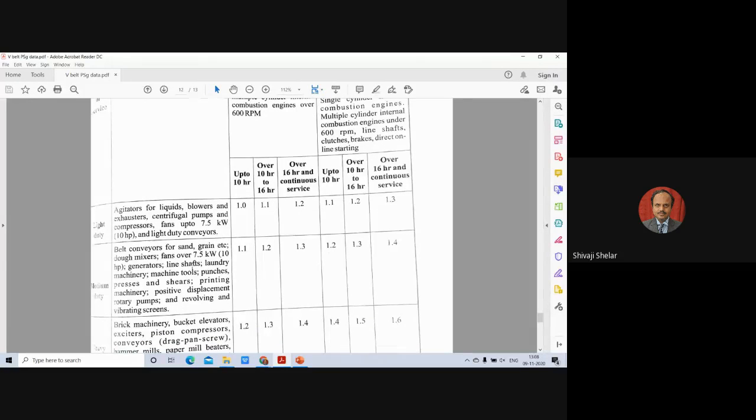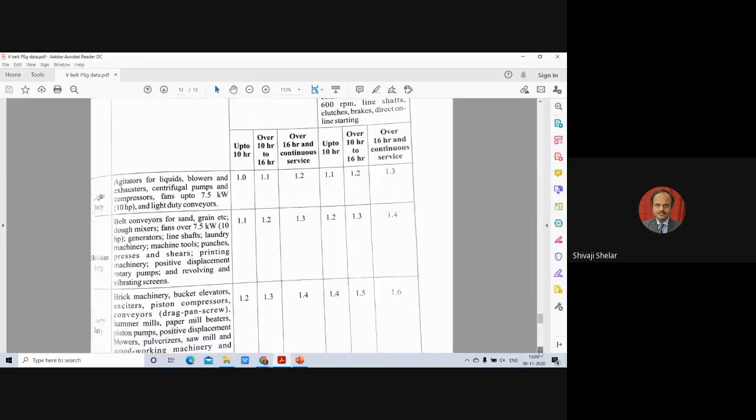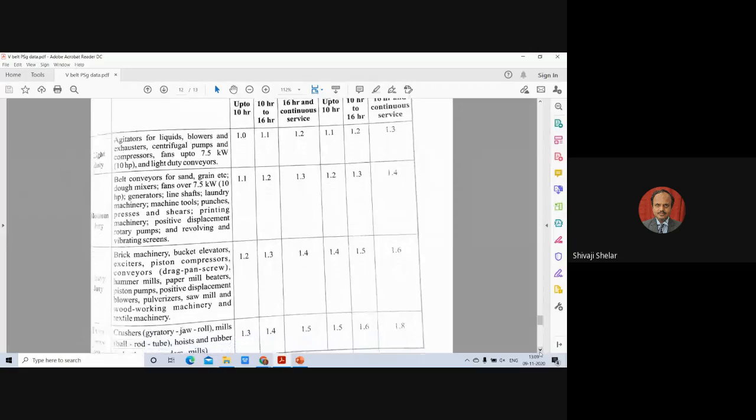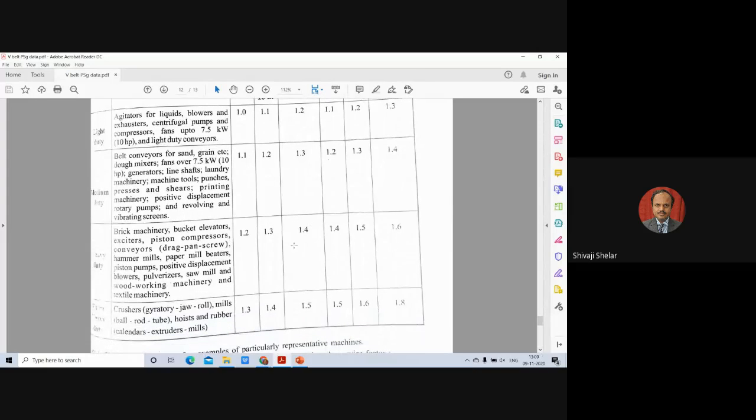So you have to identify what your driven characteristic and your driver characteristic are. Once you identify that, you have to select the service time, how long it is going to be used, whether it is single shift, two shift, or continuous use. Based on that, you can select your service factor. This is a very big table based on your machinery, and the service factor can be selected here. So this is FA.